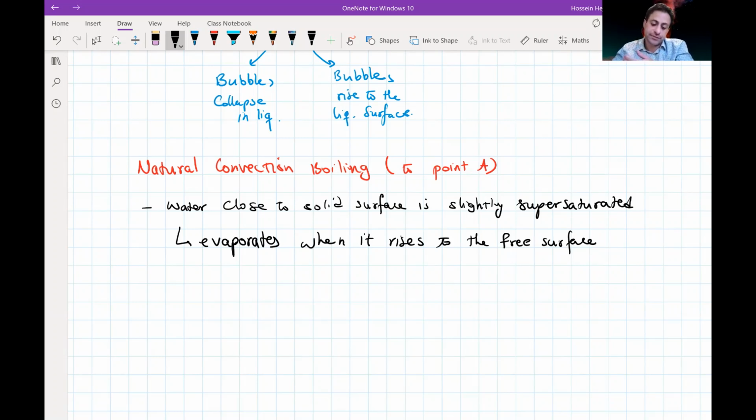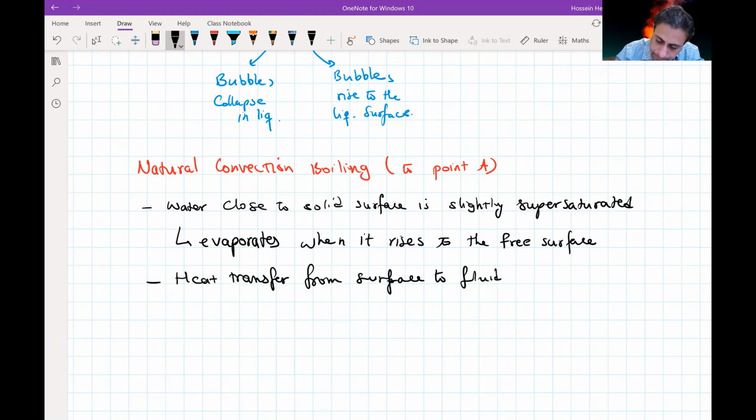And heat transfer from the solid surface to the bulk liquid is by natural convection. So we have transfer from surface to fluid by natural convection that we have seen before, and there is no bubble formation.